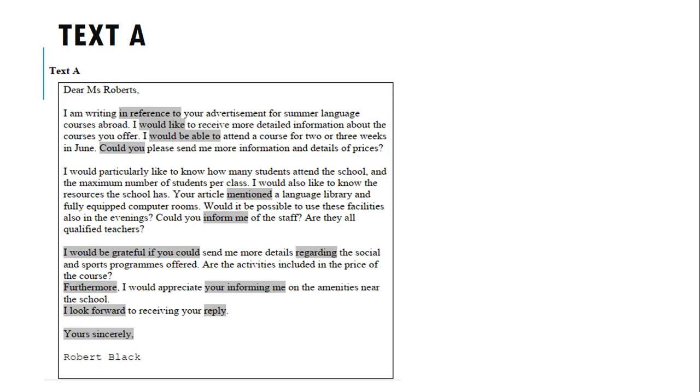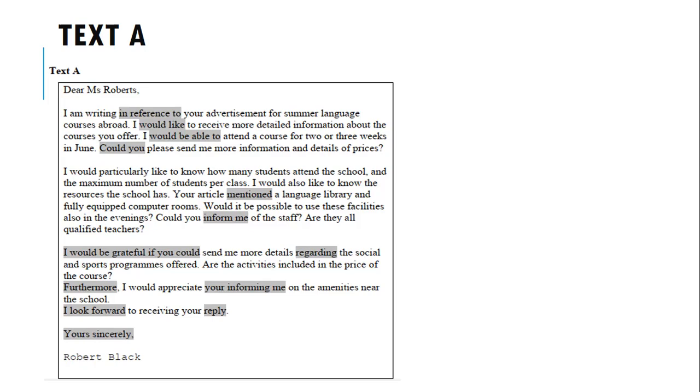Dear Miss Robert, I'm writing in reference to your advertisement for summer language courses abroad. I would like to receive more detailed information about the courses you offer. I would be able to attend a course for 2 or 3 weeks in June. Could you please send me more information and details of the prices?